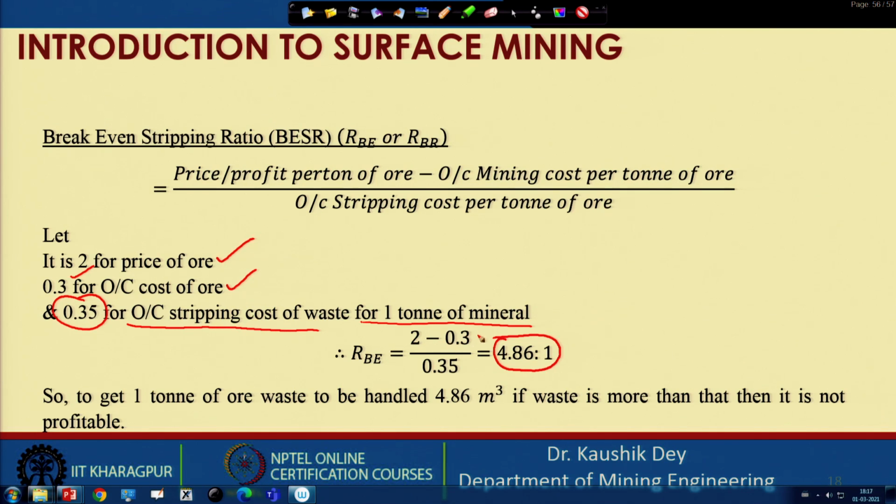So, 2 minus 0.3 divided by 0.35. So, it is coming to this value.